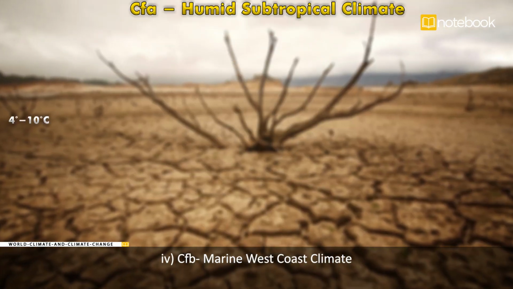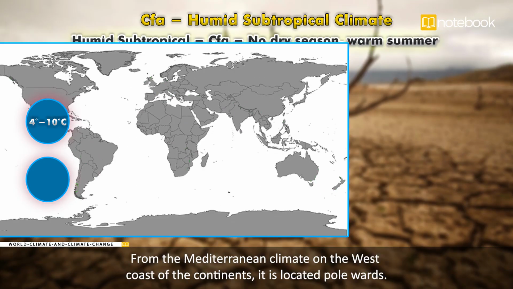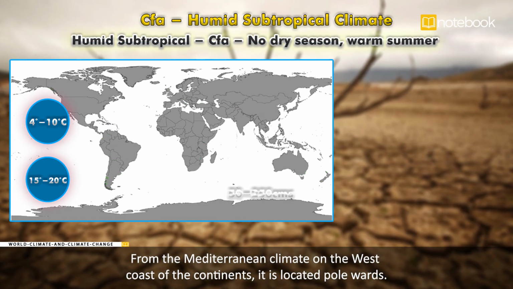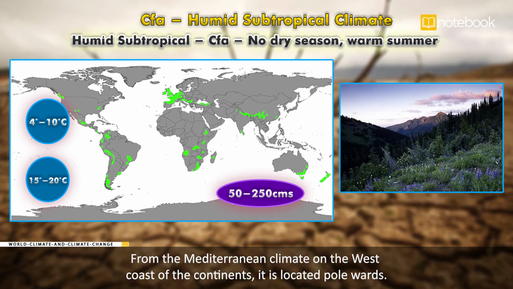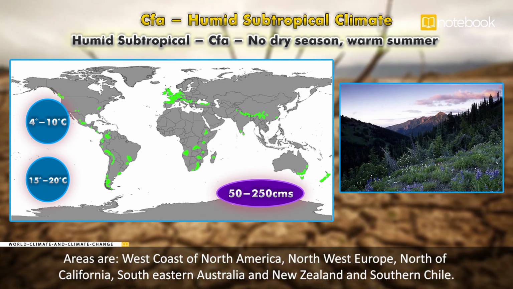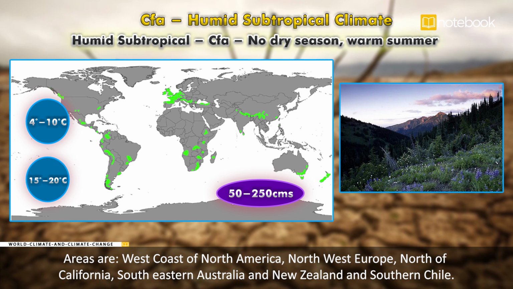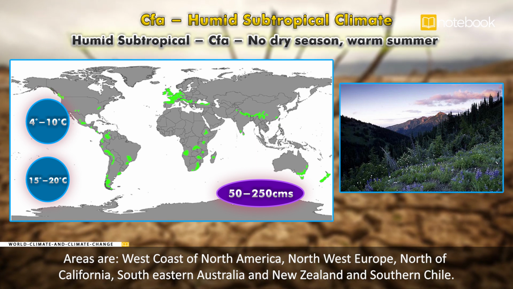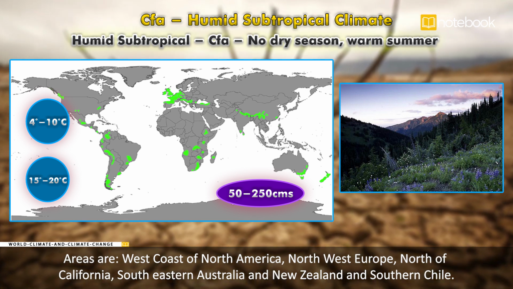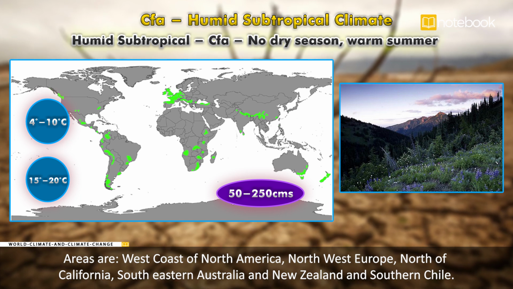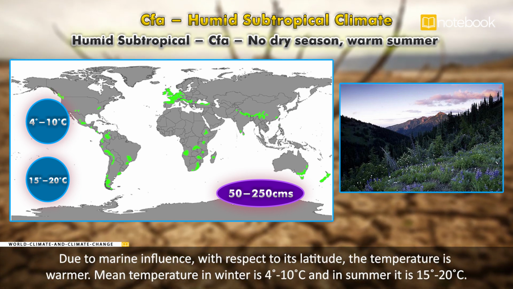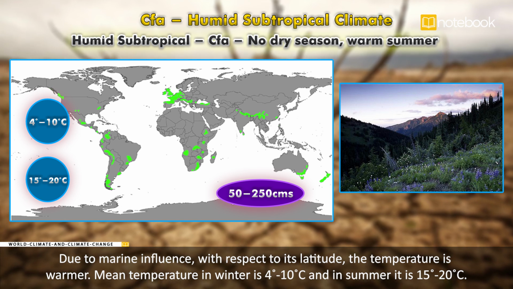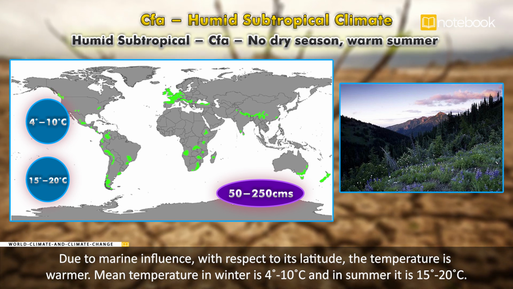CFB, Marine West Coast Climate. From the Mediterranean climate on the west coast of the continents, it is located polewards. Areas are west coast of North America, northwest Europe, north of California, southeastern Australia and New Zealand, and southern Chile. Due to marine influence, with respect to its latitude, the temperature is warmer.